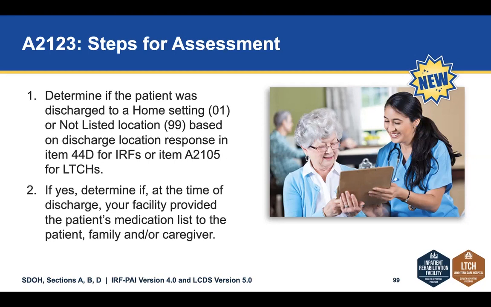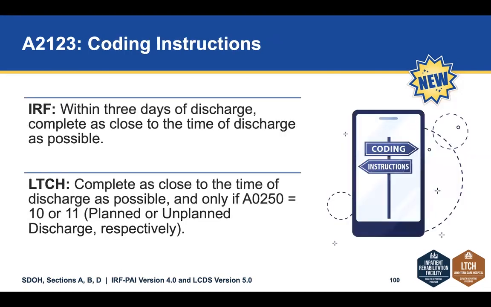Home setting is coded as 01 on both the IRF-PAI and LCDS. And the not listed location is coded as 99 on both the IRF-PAI and LCDS. If the patient was discharged home or to a not listed location, the assessor then needs to determine whether at the time of discharge, the facility provided the patient, family, and/or caregiver with the current reconciled medication list.